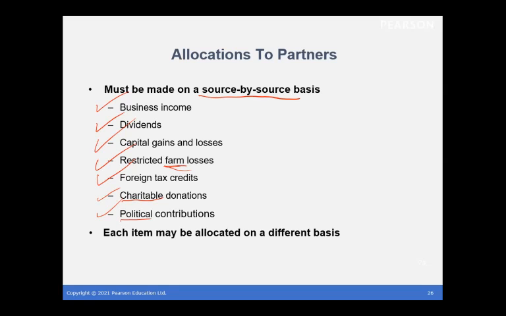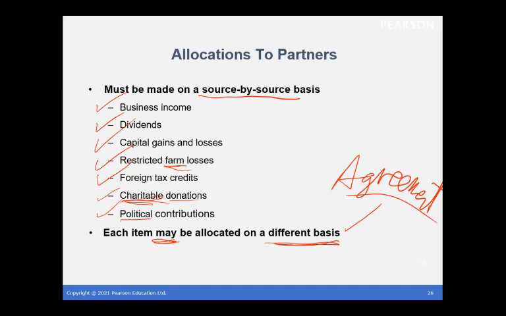You guys probably recall those rules from back in tax one about how we calculate charitable donations. So it's just going to follow those exact same rules. And again, each of these items may be allocated on a different basis. It all depends on what the agreement says. So step one, get your hands on the agreement and find out how this is going to work.